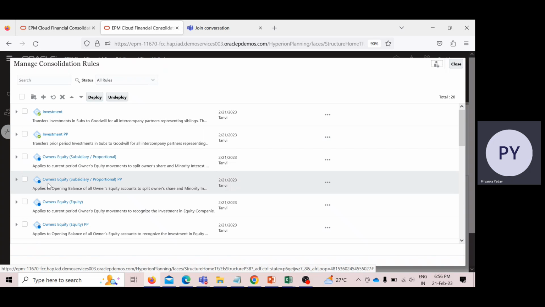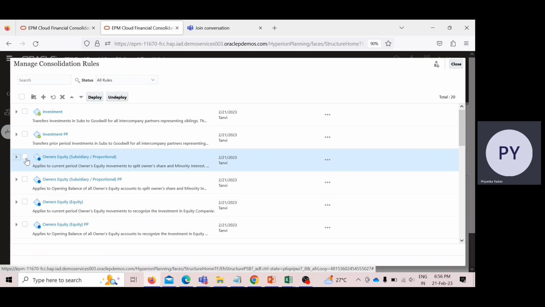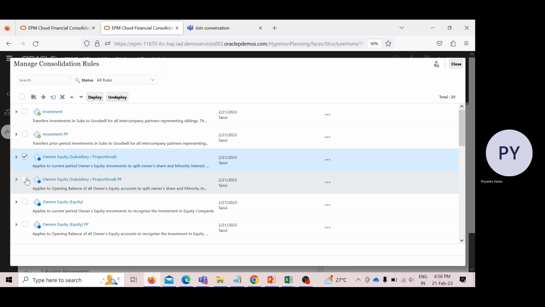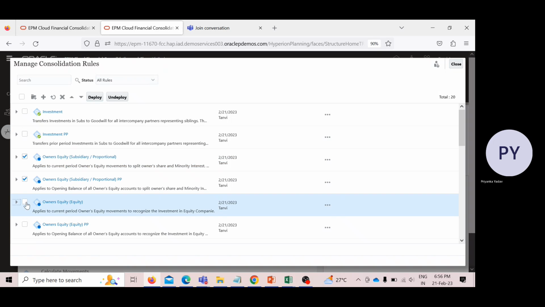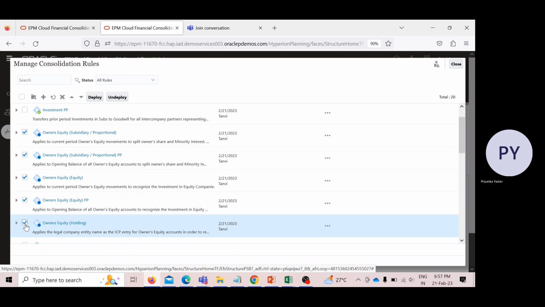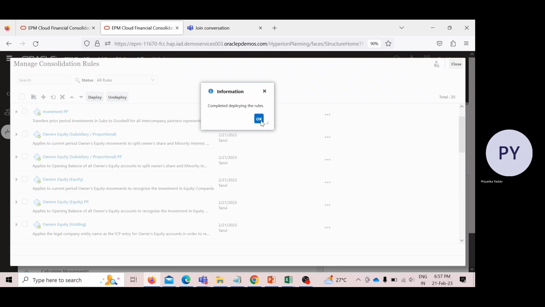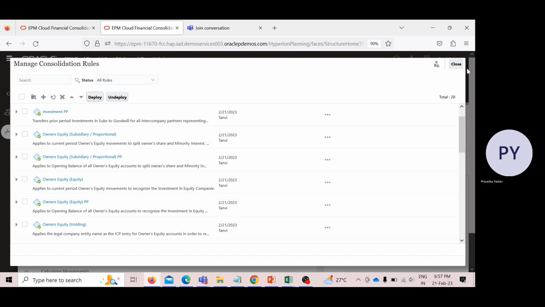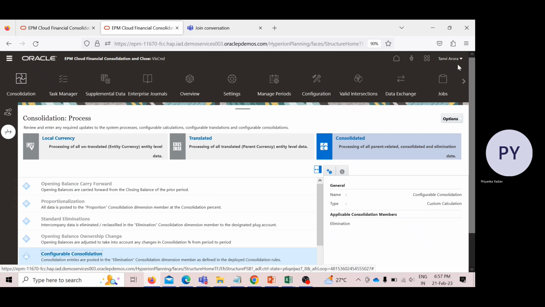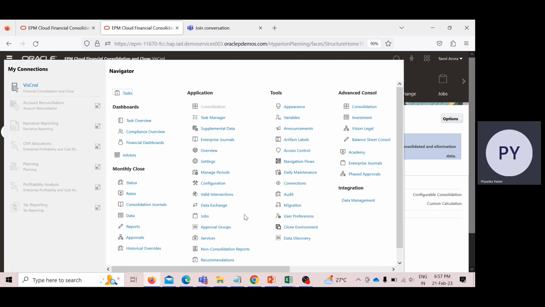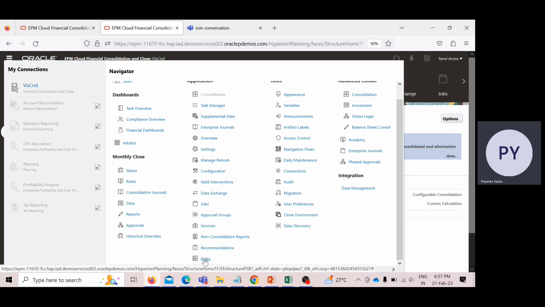Now we will deploy the owner's equity rule. We have to go to the rules section so that we can launch the consolidation once again.